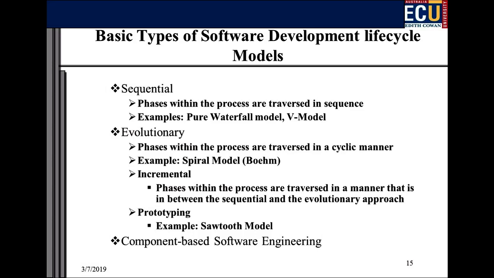And kind of at the end here, we've got this thing called the component-based software engineering model, which is really an evolutionary model, where you basically say, okay, I want to build this thing, these are the specs I need to build to, but I don't want to get my hands dirty so much, so I'm going to build this solution out of existing software components.